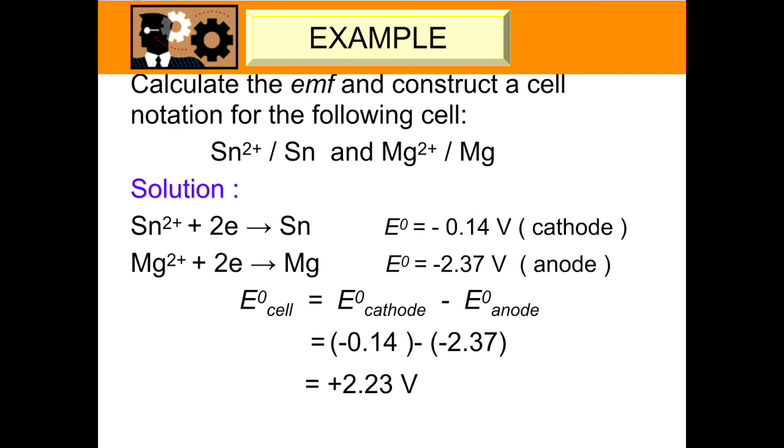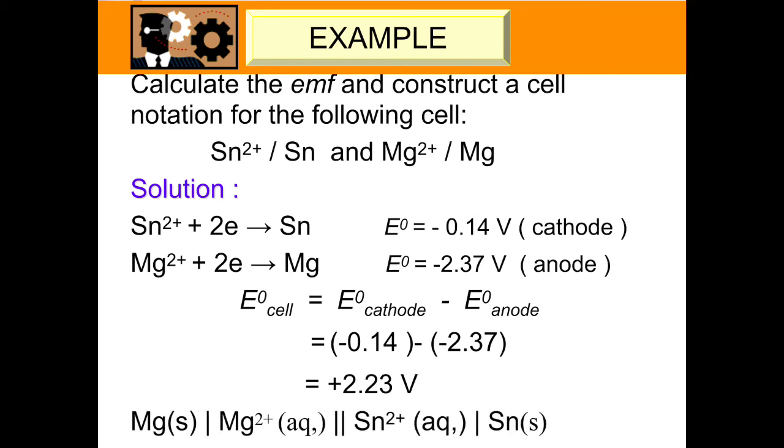2.23 volt. And lastly, to write the cell notation, we must write first the equation at the anode. Remember that at the anode, Mg undergoes oxidation. So, we have to write Mg first, followed by Mg2+, followed by a double line representing the salt bridge.